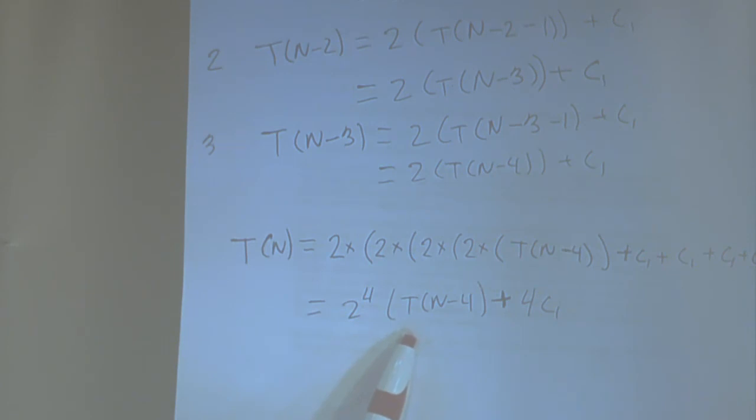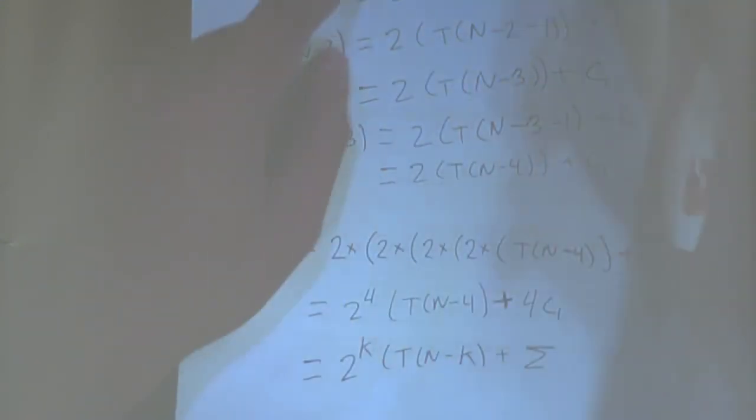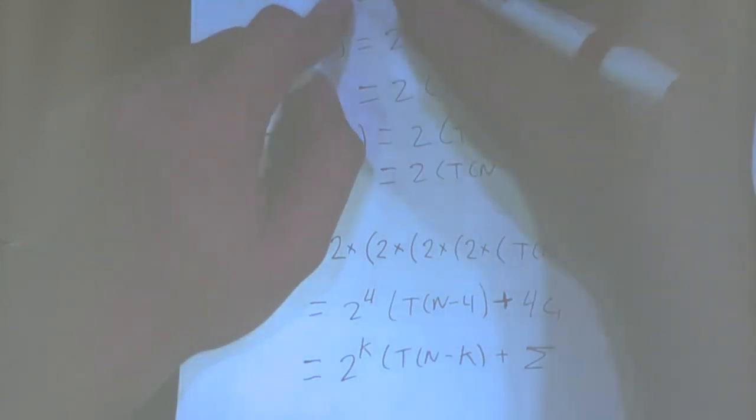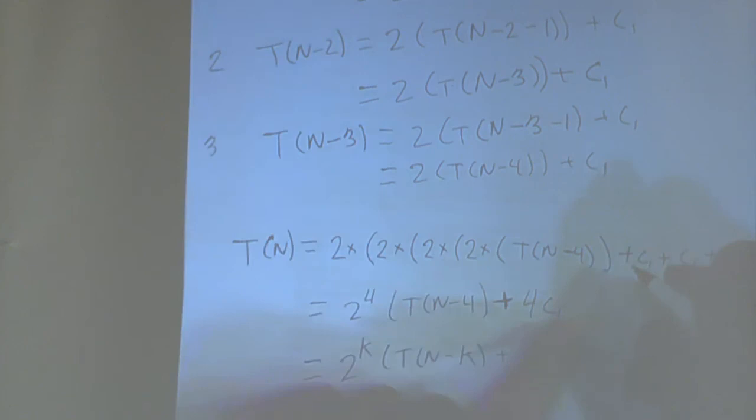So if we want to put this in terms of k, we can say that this guy is going to be 2 of k times T of n minus k plus the summation of, oh wait, I didn't. So it's this whole chunk that goes through that guy. So I gotta do this thing, this thing.